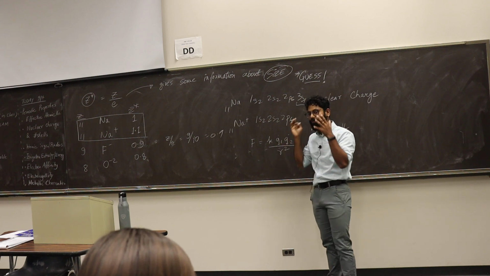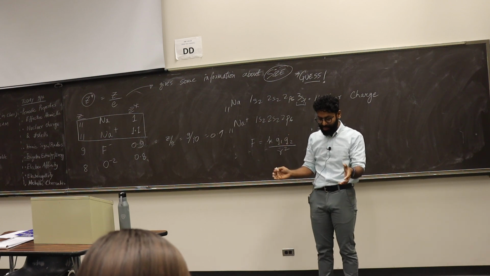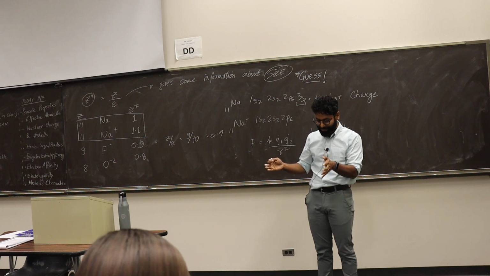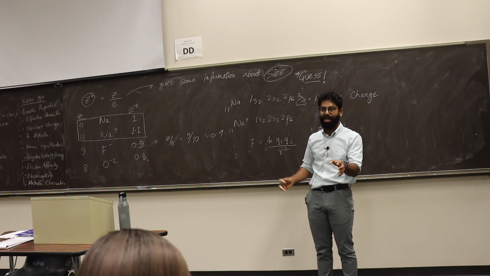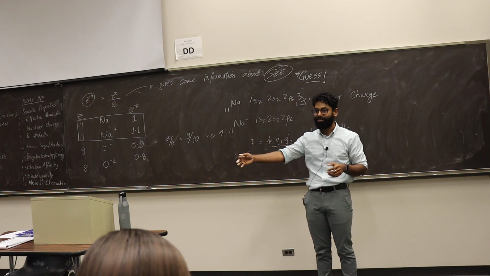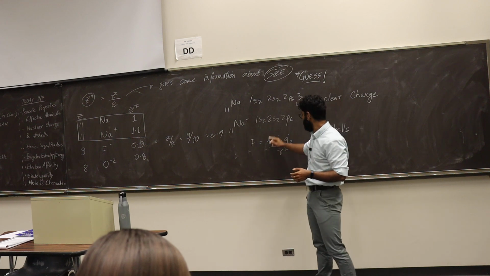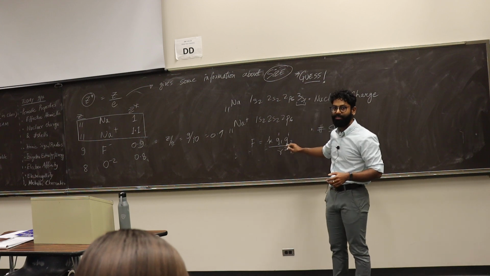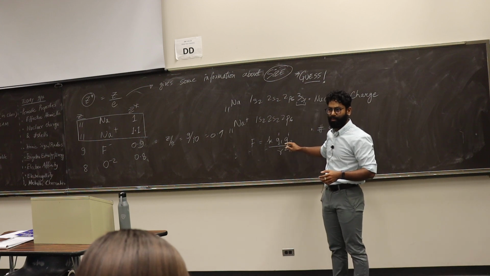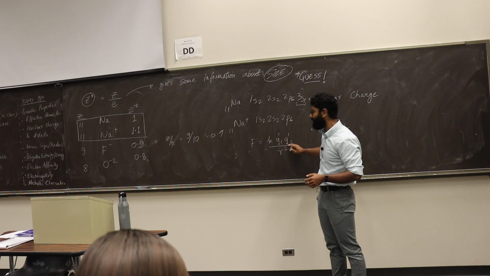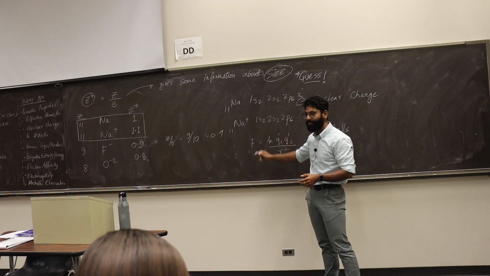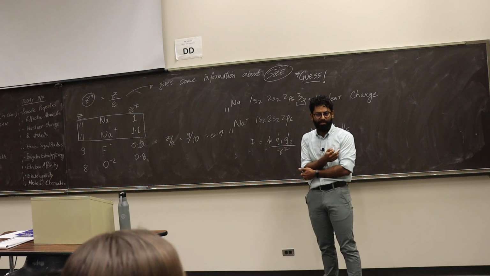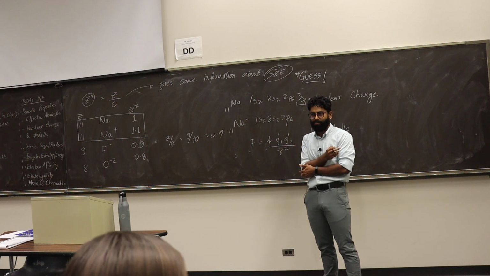If we want to understand the pull between the nucleus, which is positively charged, and the electrons, which are negatively charged, the number of electrons is increasing. So isn't this increasing? Shouldn't that mean you're pulling the electrons closer towards the nucleus?